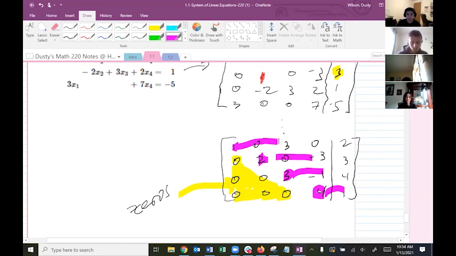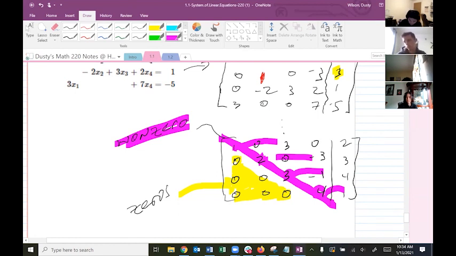None of these pink numbers are 0. So again, these are non-zero. What am I saying is non-zero? I'm saying that the guys in the diagonal are non-zero.